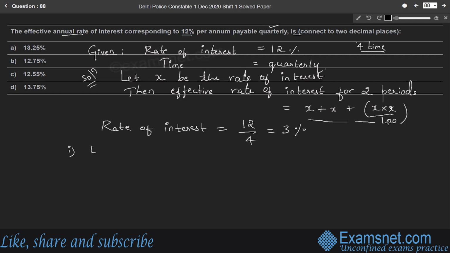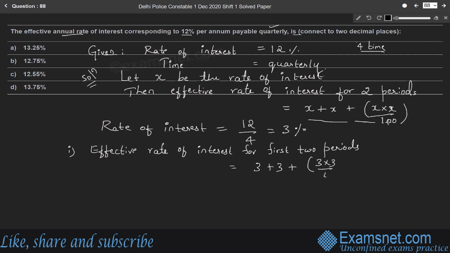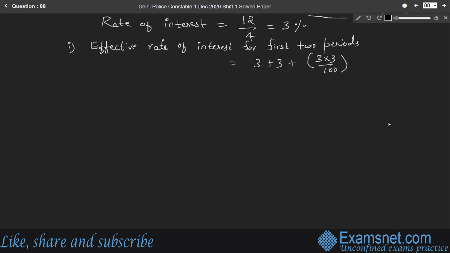Then effective rate of interest for first 2 periods is equal to, according to the formula, X plus X, that is 3 plus 3 plus 3 into 3 by 100, which is equal to 3 plus 3 is 6 plus 9 by 100, which is 6.09.